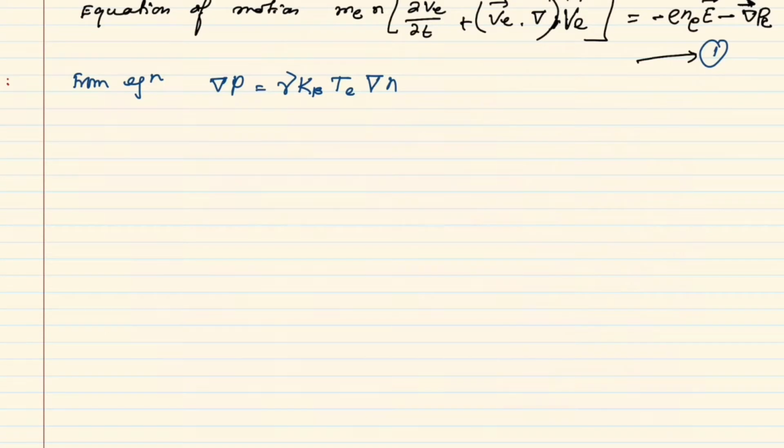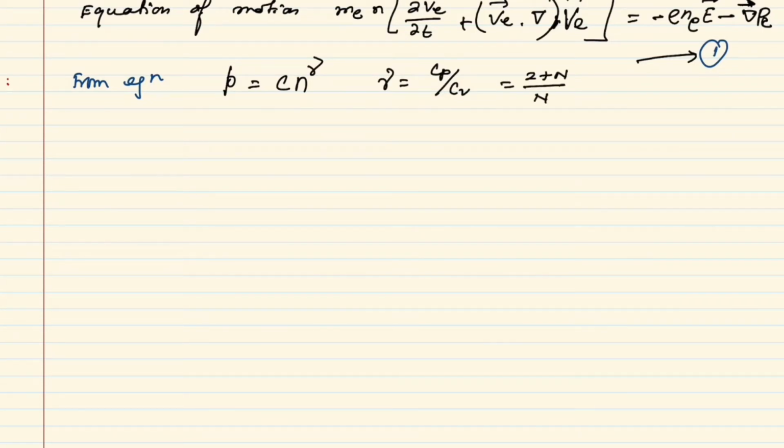Let me write the original equation first: P is equal to C n to the power gamma, where C is a constant and gamma is equal to Cp by Cv, the specific heat ratio. That is also equal to 2 plus N by N, where capital N represents the number of degrees of freedom.